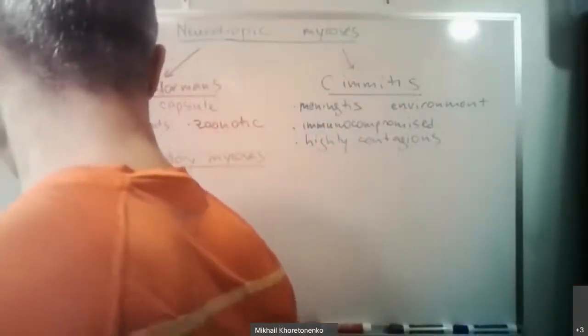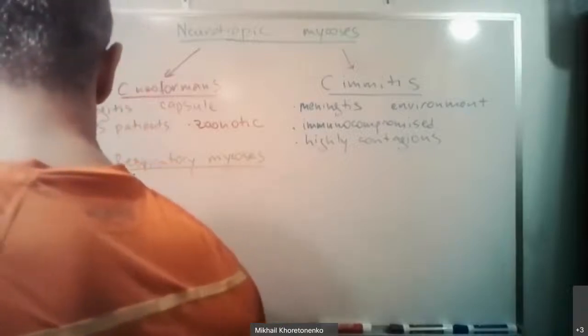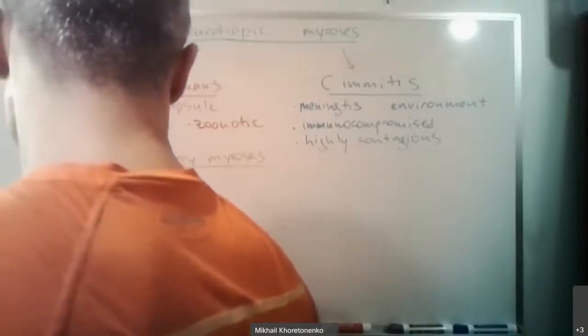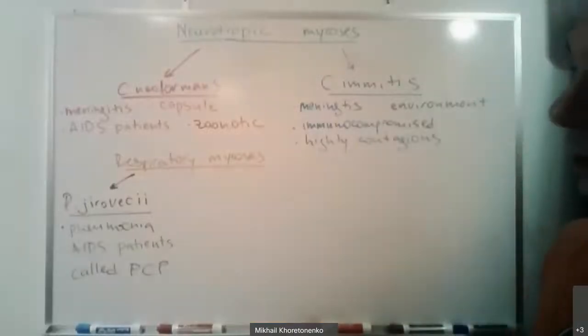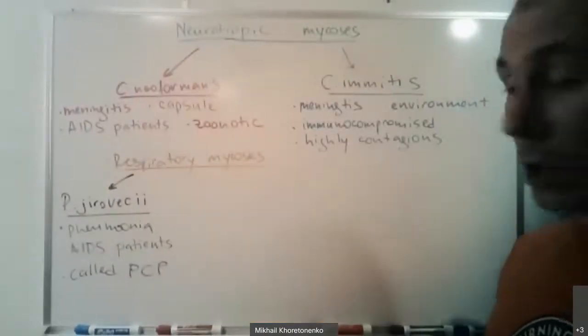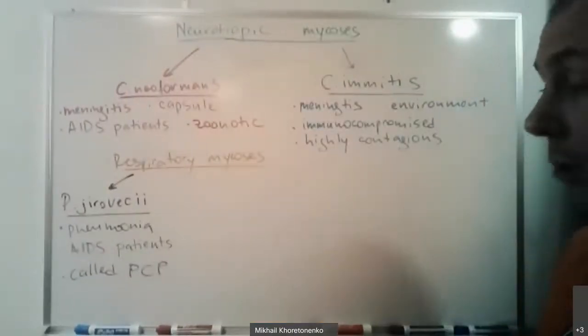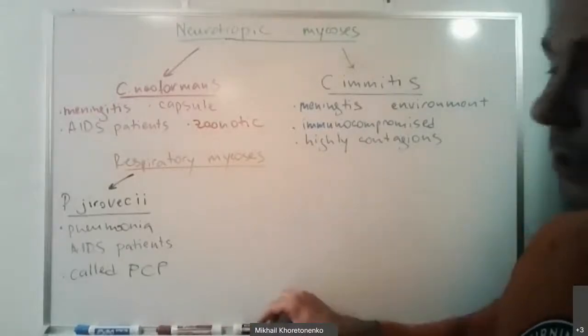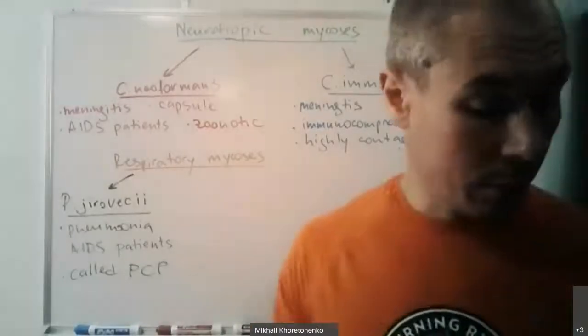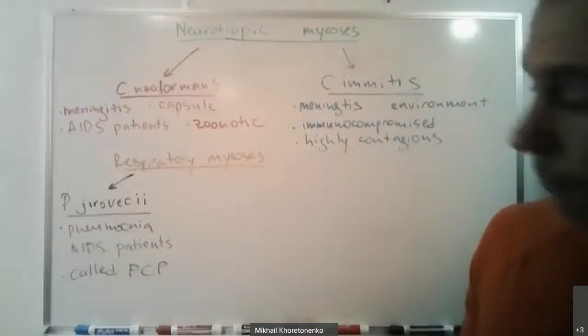It's sometimes called PCP, which stems from the old term. It used to be not Pneumocystis jirovecii, but Pneumocystis carinii. So Pneumocystis carinii pneumonia. But this is why people don't like taxonomists.